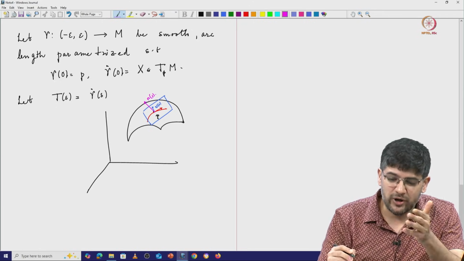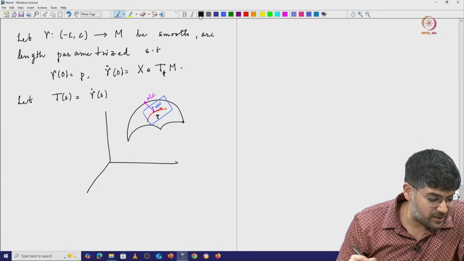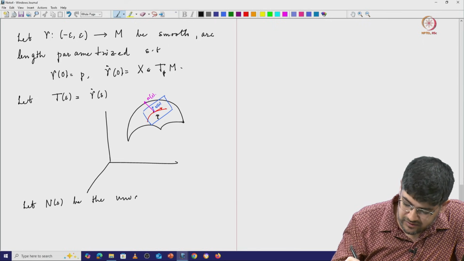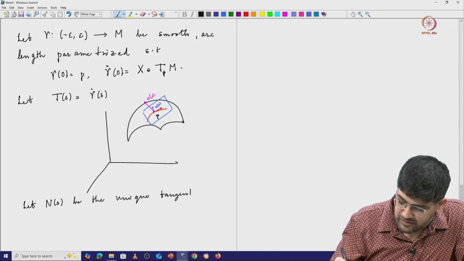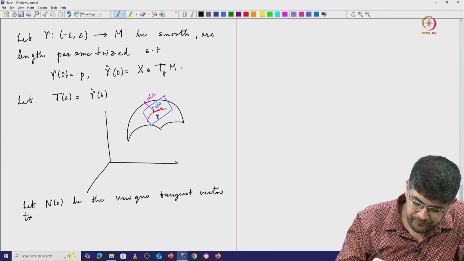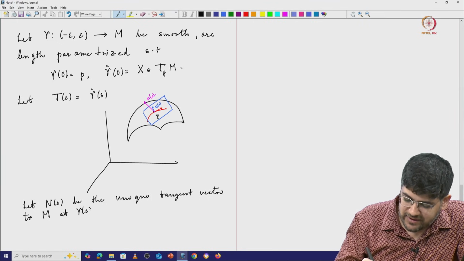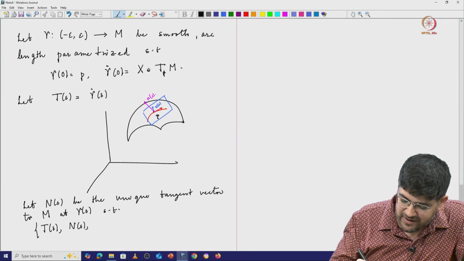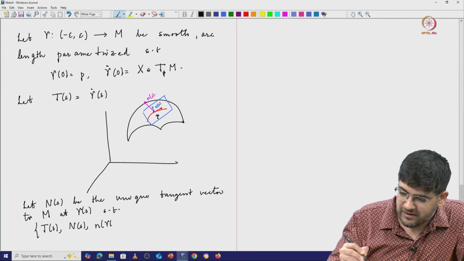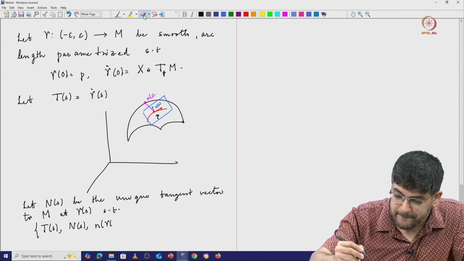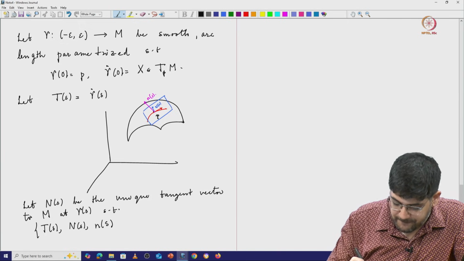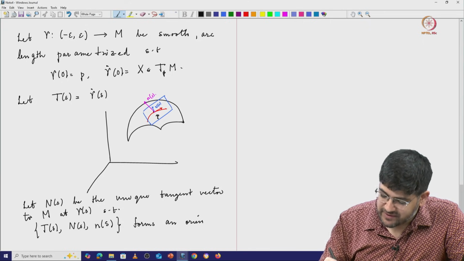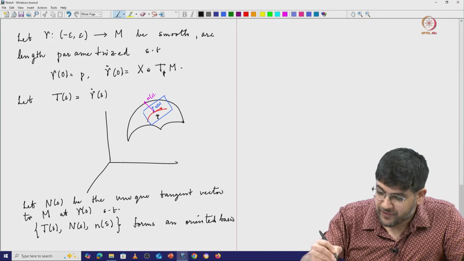Okay, so how do I define this capital N of s? So let capital N of s be the unique tangent vector to M at gamma of s such that this combination of T of s, N of s and this little n of s forms an oriented basis for R3.